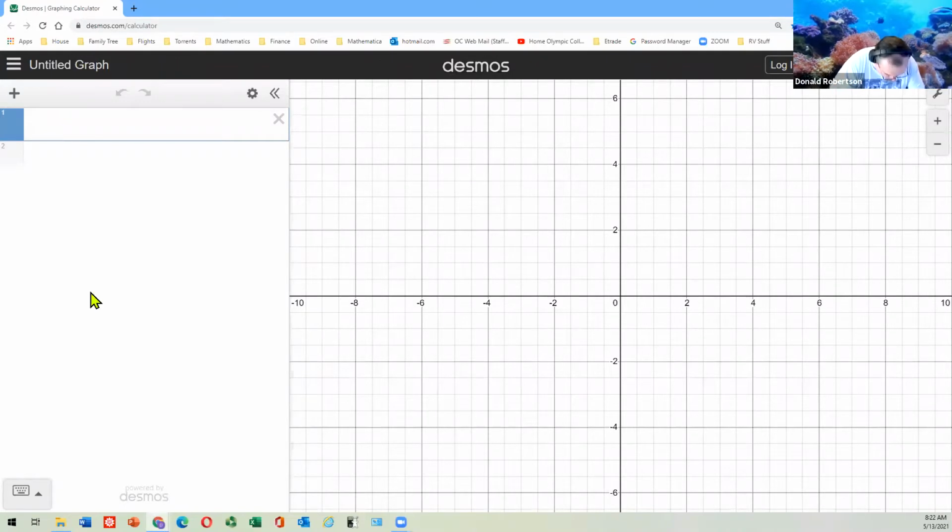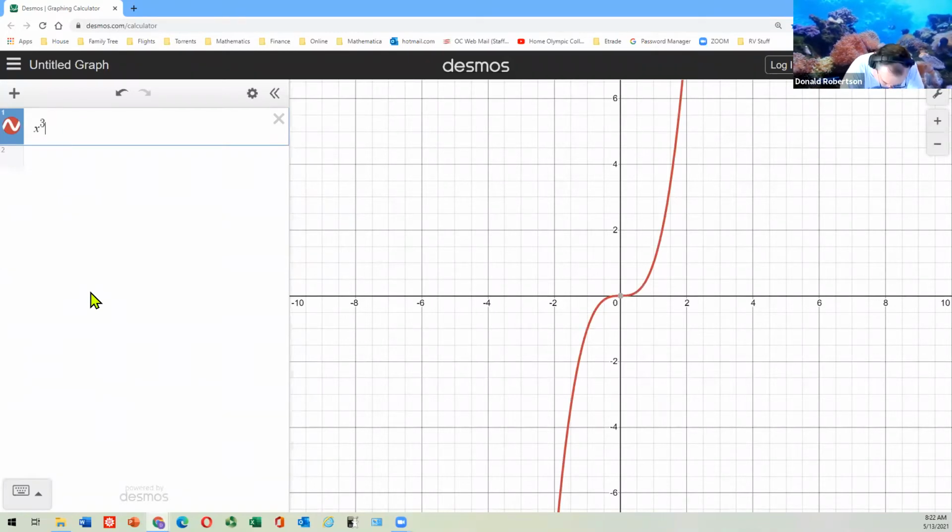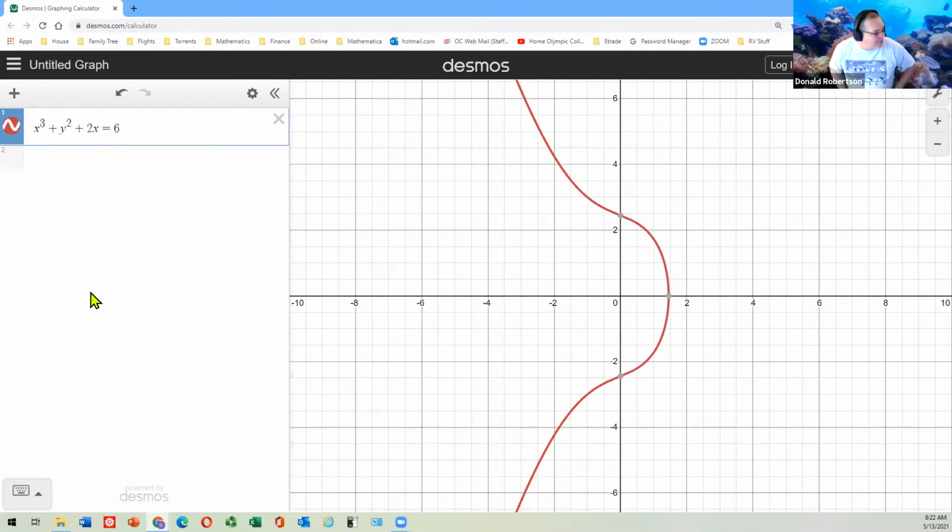So the original question was x^3 plus a y² and plus a 2x equals 6. Come on. Oh, Desmos is good. Hey, it draws implicit. Cool. You see the red?